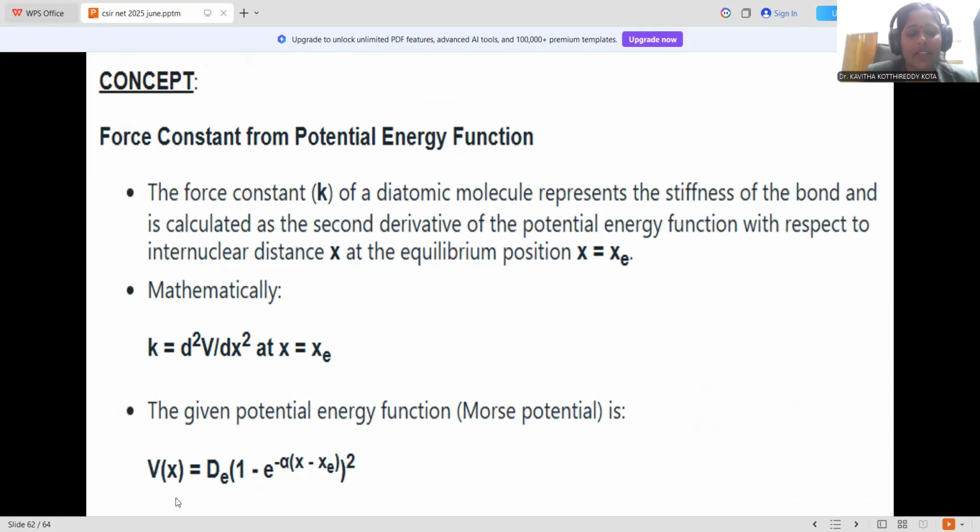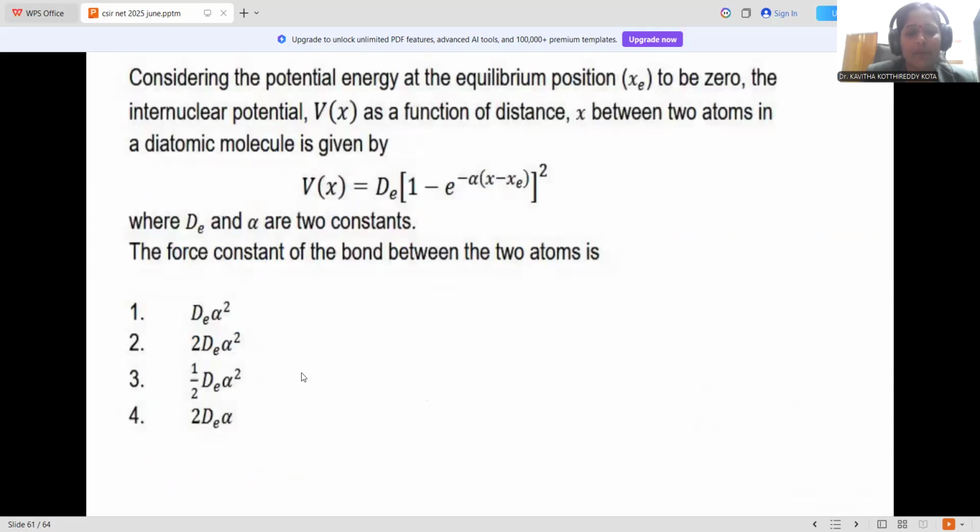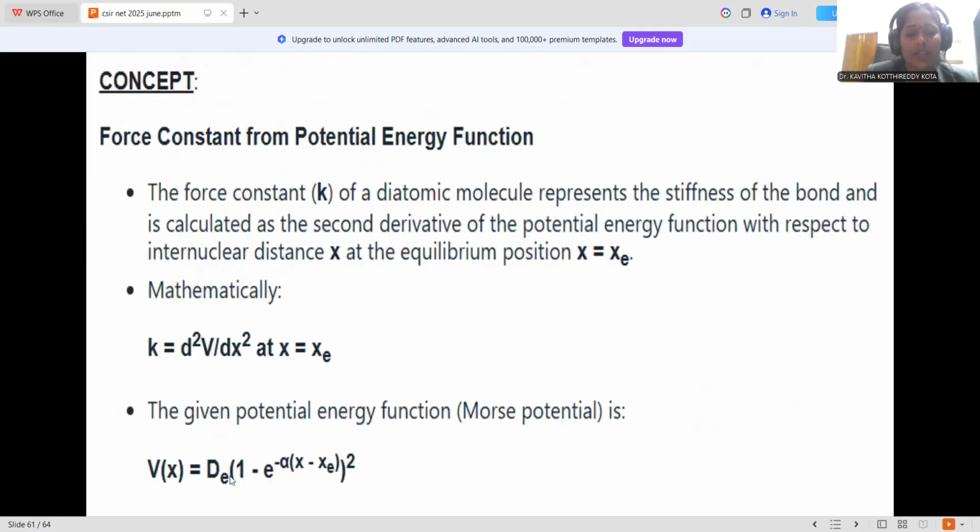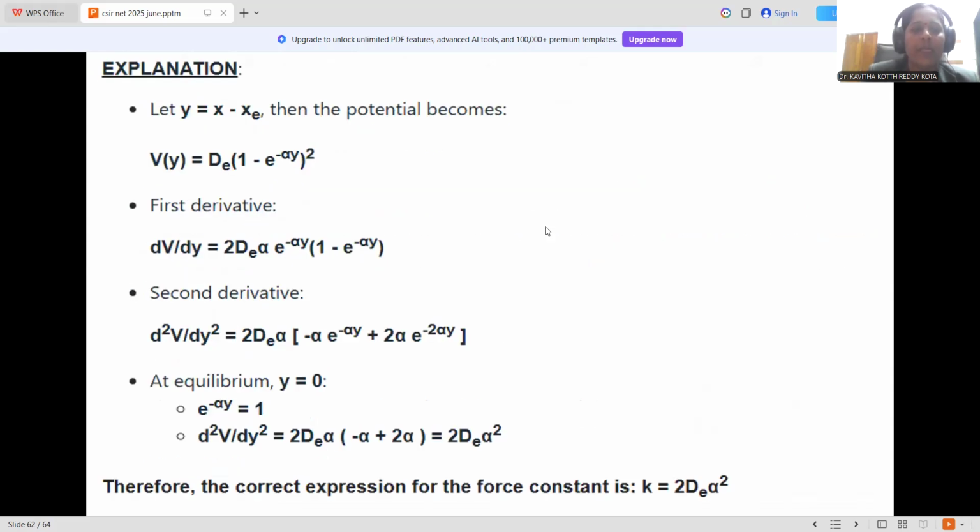V(x) is given within the problem: V(x) = De(1 - e^(-α(x - xe)))². So this is called a Morse potential, right? Here, let y be equal to x minus xe. Then V(y) is equal to De(1 - e^(-αy))².